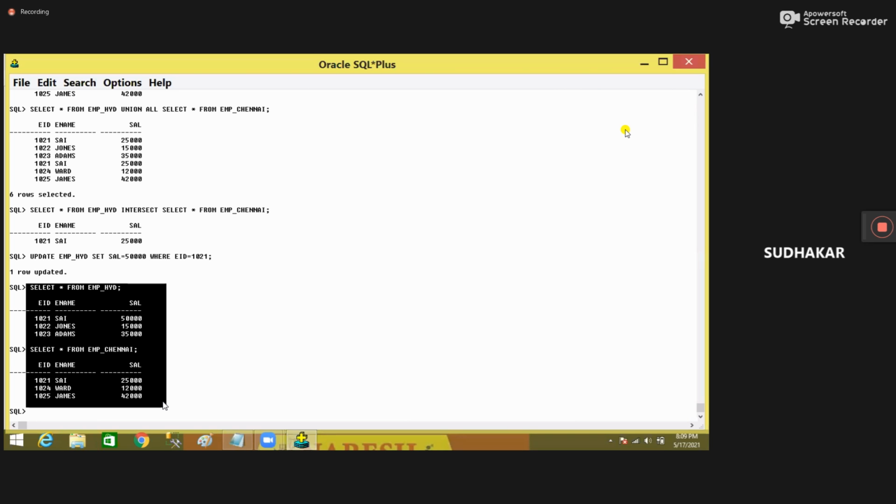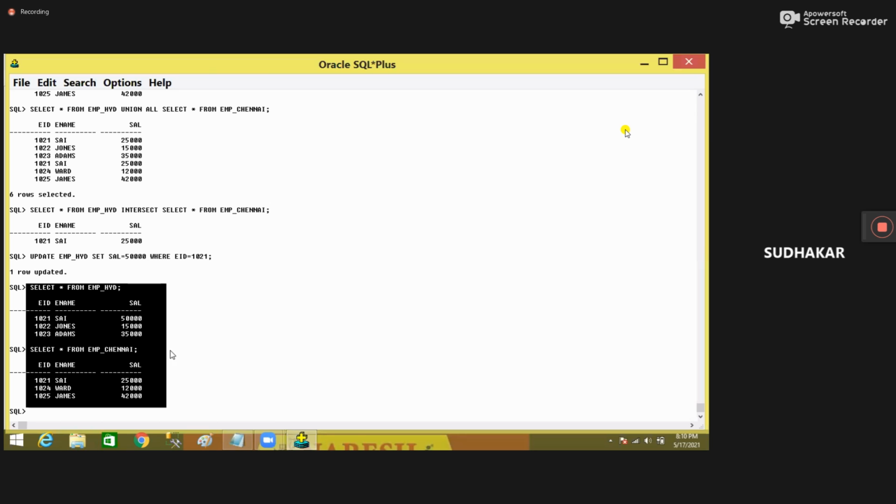Is there or not? No, there is no duplicate row data in these two tables.